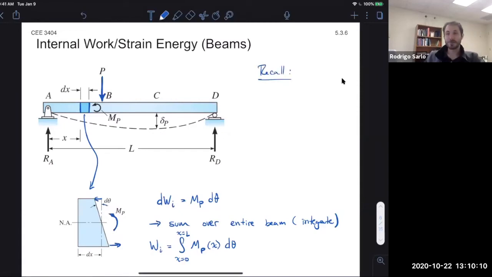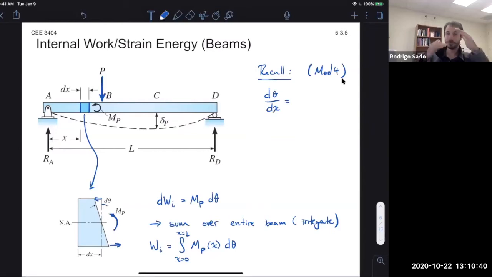But if you search your memory banks all the way back to module 4, I believe, when we talked about deflected shapes, you guys remember a relationship between theta and x? Kind of. This may be a hard question. So remember that I defined the derivative of the angle, right?